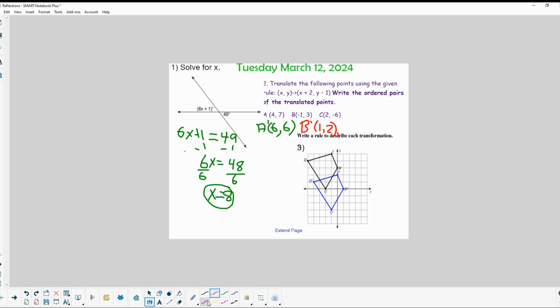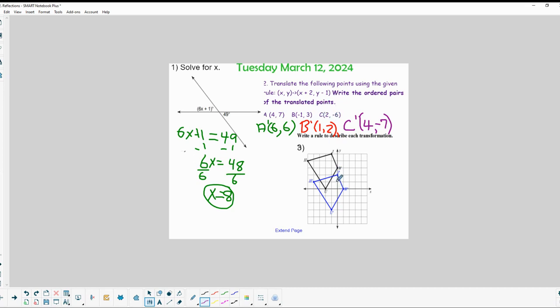And then for our last one, C prime, we would do 2 plus 2, which is 4. And then we would do -6 minus 1, which is -7. So that would be our 3 translated points based on that translation rule.